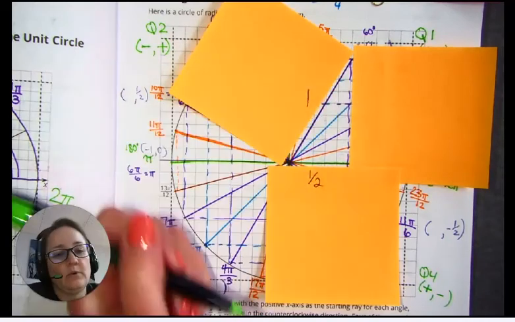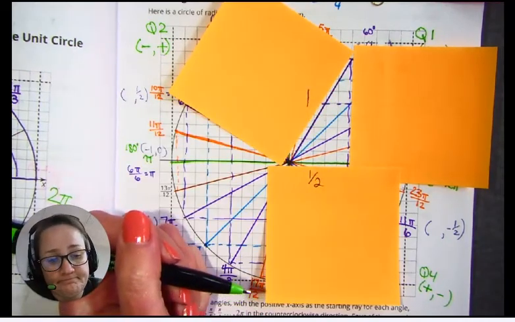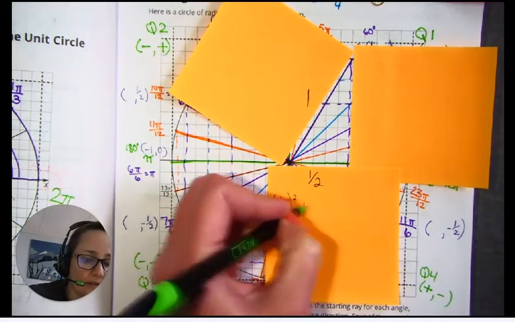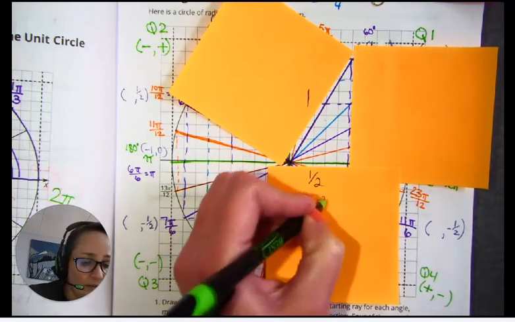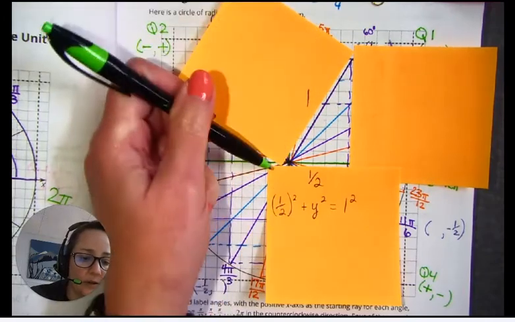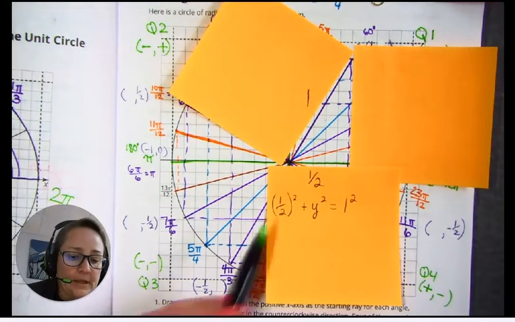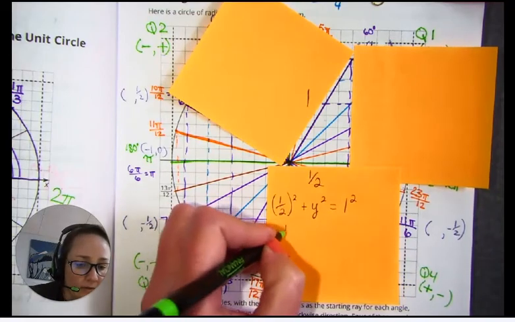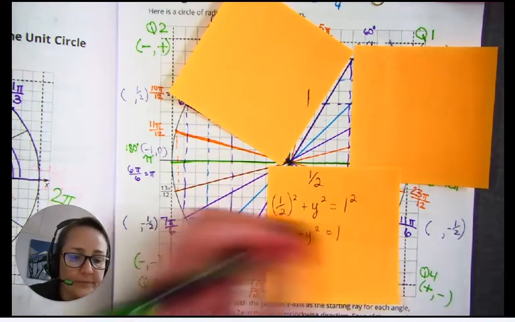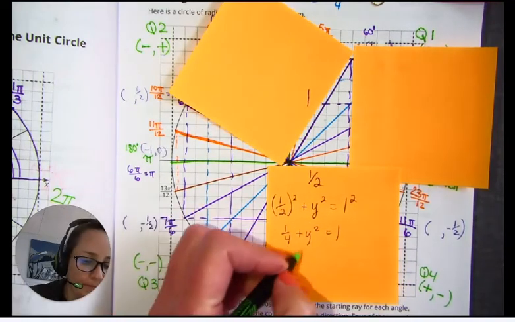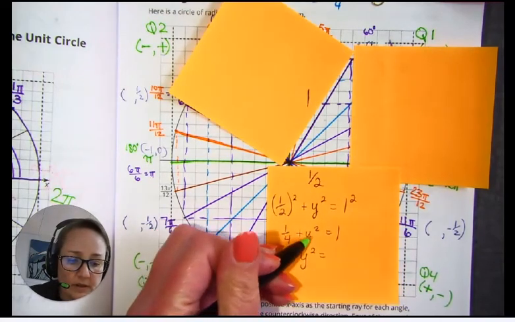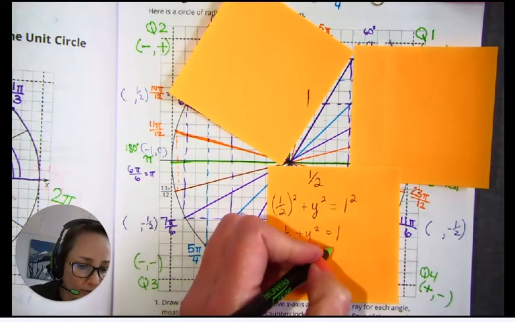We can calculate what we need here. 1/2 squared plus, I don't know yet, squared has to equal 1 squared. A squared plus b squared equals c squared. 1/2 squared is 1/4. It's half of a half. 1 squared is still 1. Well, 1/4 plus something to equal 1 has to be 3/4.